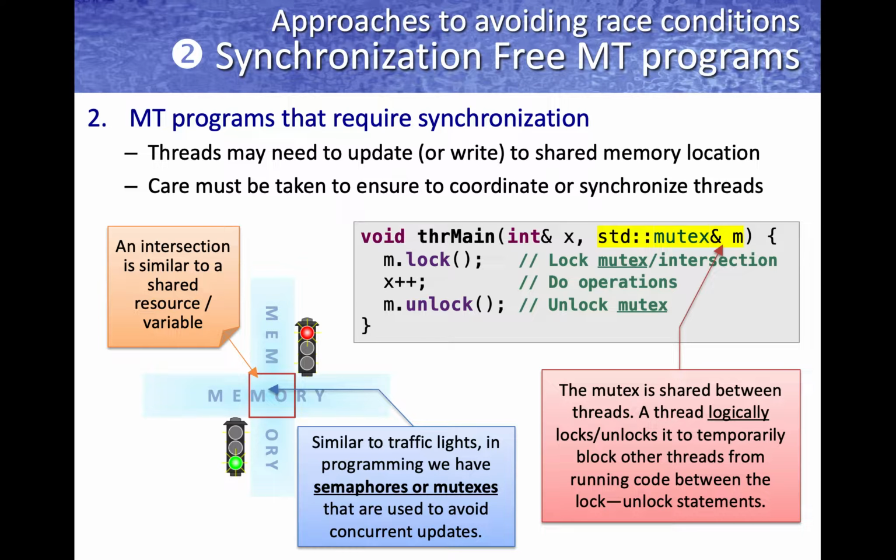Keep in mind the mutex variable is also shared between the different threads, and a thread basically locks and unlocks it temporarily to block other threads from doing updates to the shared variable.